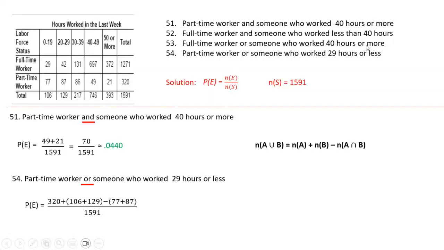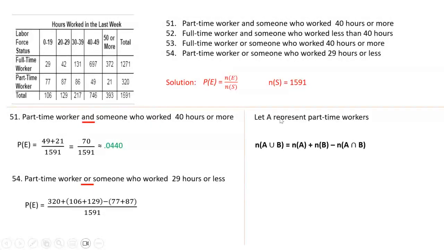Or someone who worked 29 hours or less. So 29 hours or less will be these two here, which will be 106 and 129. Then minus the 77 and 87, because they already counted here, so I don't count them again. So this is where they intersect.